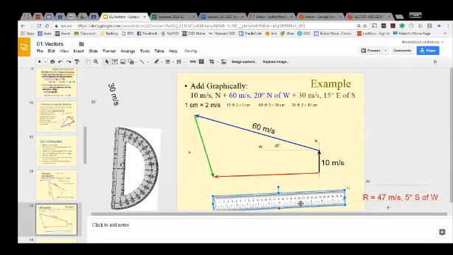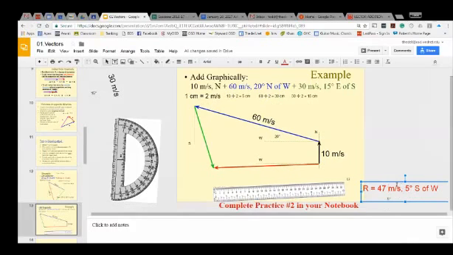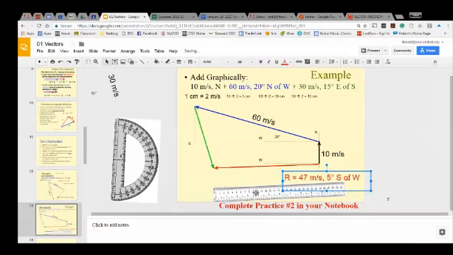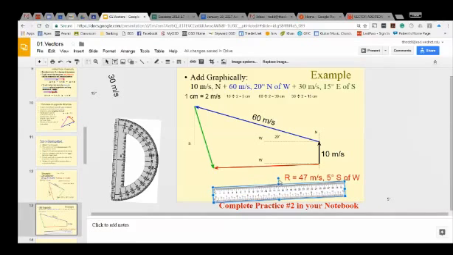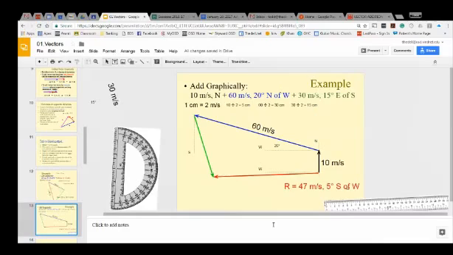And then a convenient line I can use to measure the angle would be a west line, because it's just almost due west. It ends up to be, the way I measure, about 5 degrees south of west. So that just becomes a little bit more complicated than the previous one, where we only had 2 vectors. Now we have 3.